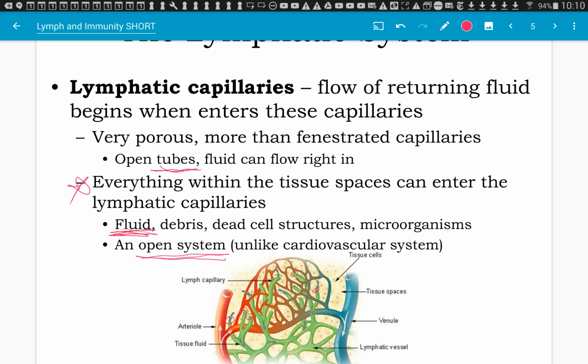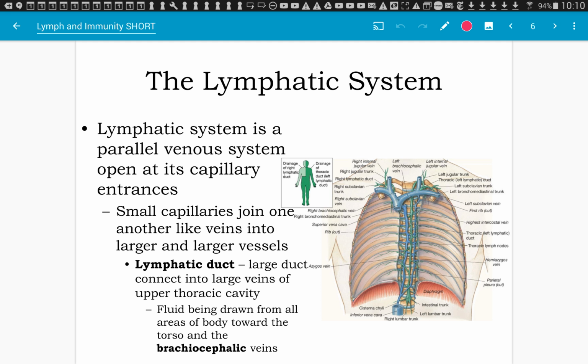An open system means you can get these substances in there, but it cleans the fluid really well before it dumps it into the cardiovascular system, which is a closed system. So it's very important to have that fluid cleaned up before it goes into the cardiovascular system.